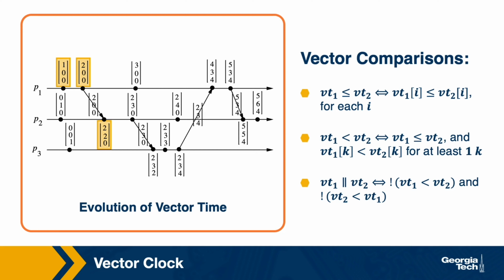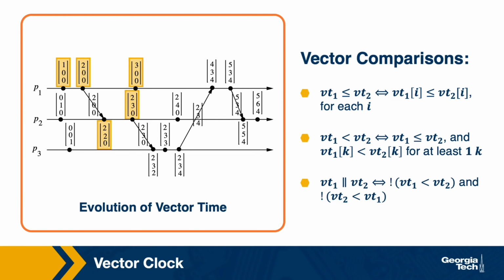When we have this scenario where one vector timestamp is strictly less than the other vector timestamp, this will allow us to order events by the happens-before relationship. When we have two vectors where neither one is strictly less than the other, then we call them concurrent. For instance, these two events are concurrent.